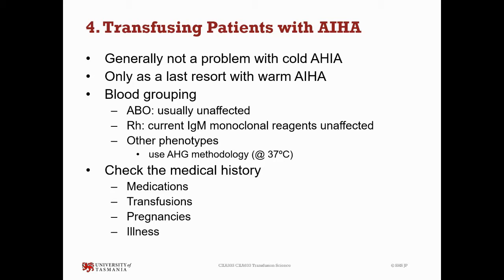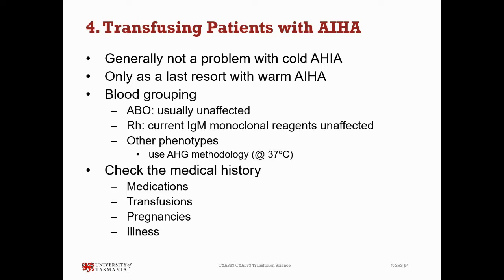The reason that we look for transfusions and pregnancies is what? Yep, sensitizing events. It's not so much HDFN because warm autoantibodies can happen in men too. But of course they don't get pregnant, women do. But it's to see the likelihood of them having an alloantibody there.